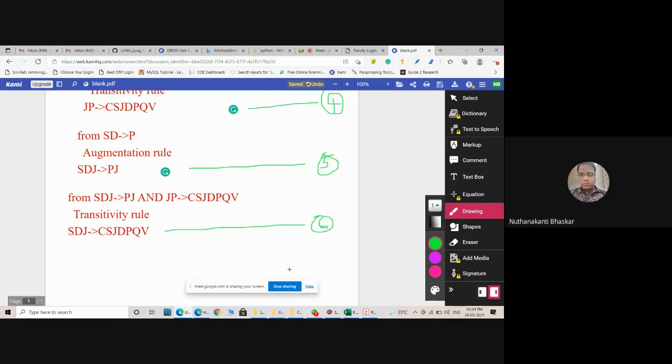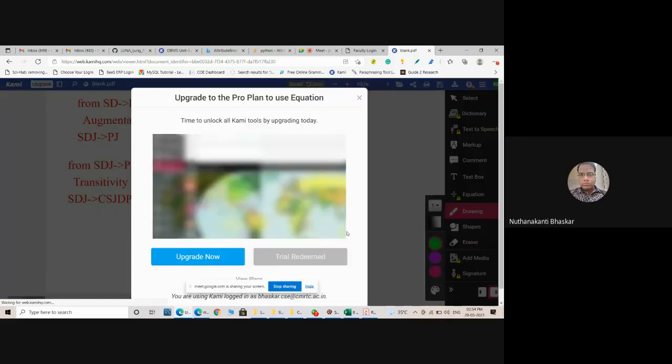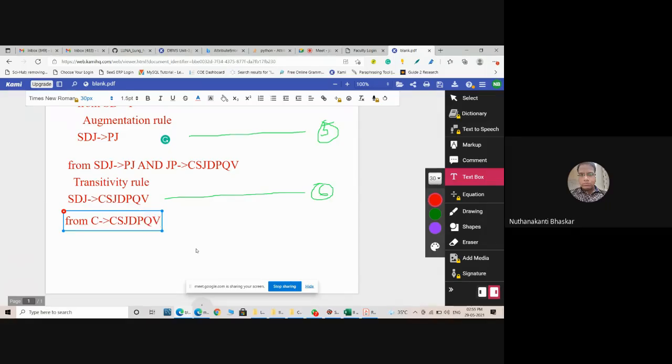So finally, from equation 1, that is C determines CSJDPQV, now you can apply the decomposition rule.